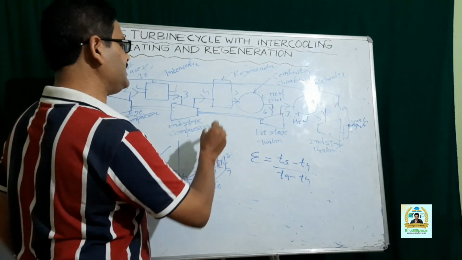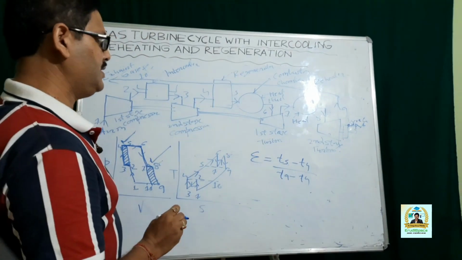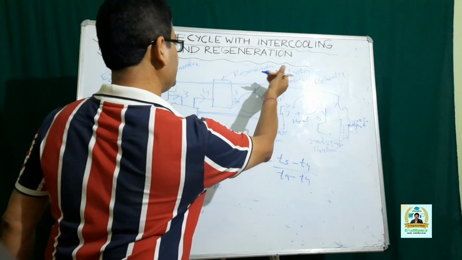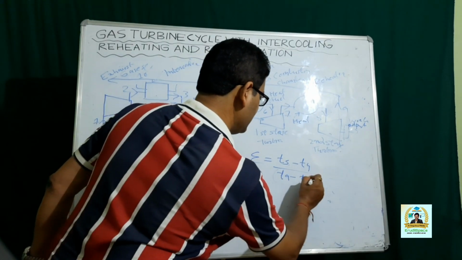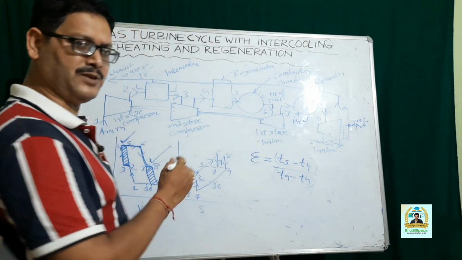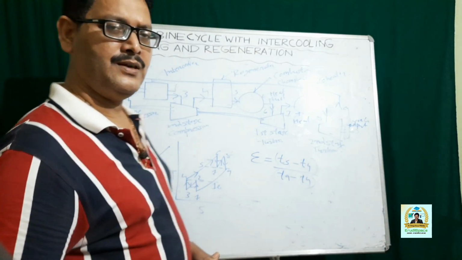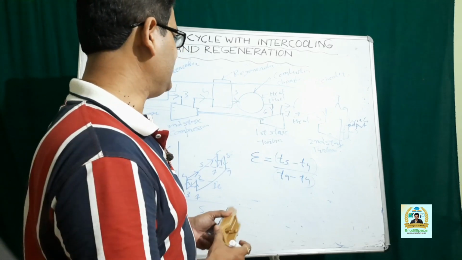Actual temperature rise is from T4 to T5, but the exhaust gas is entering the regenerator at T9. So T9 minus T4 represents the maximum possible temperature rise. But effectiveness, as you all know, is always less than 1.